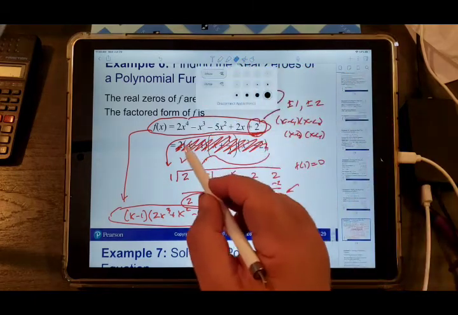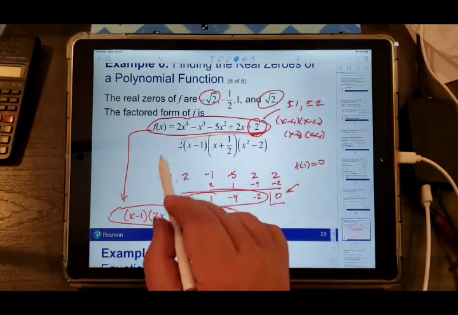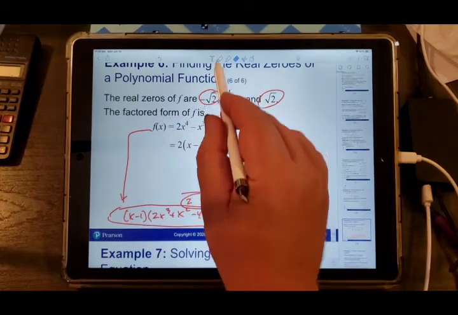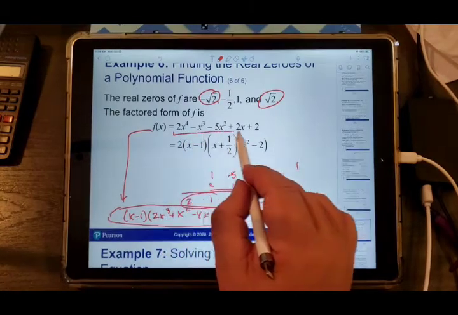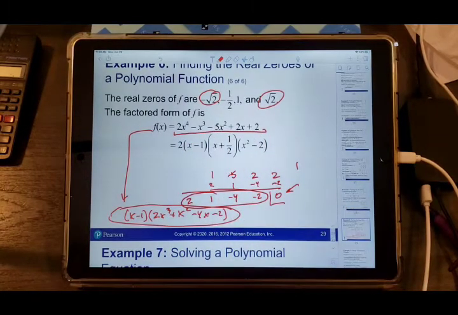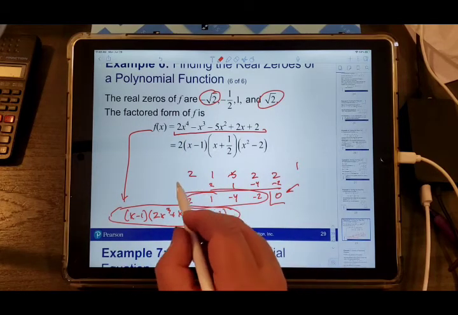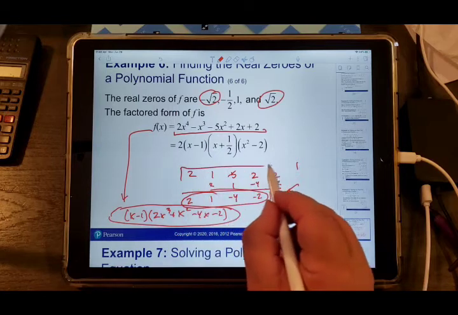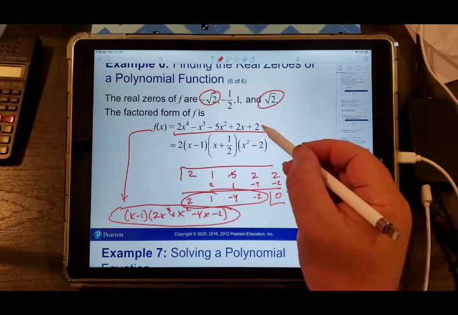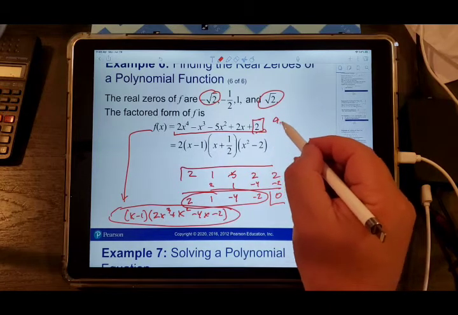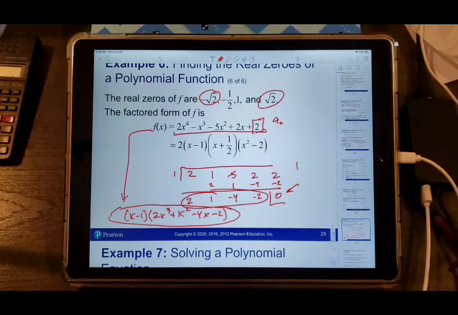We are taking something like this, and sometimes with no hints, other than the hints embedded in the problem itself, we take factors of 2, because that's the a sub 0, and put them there. So what was another number I could have chosen? Well, 2 or something like that. So you can see that.